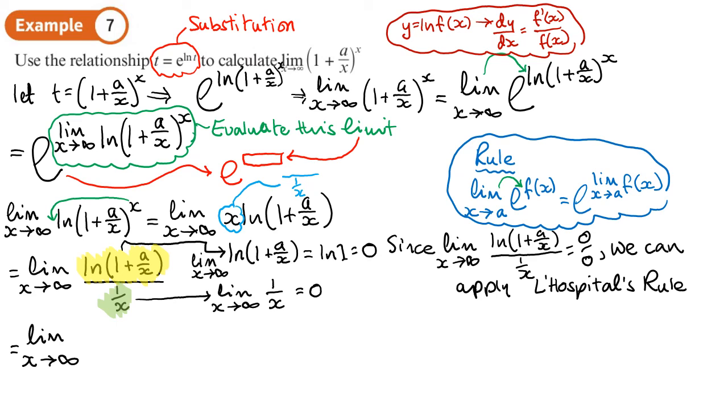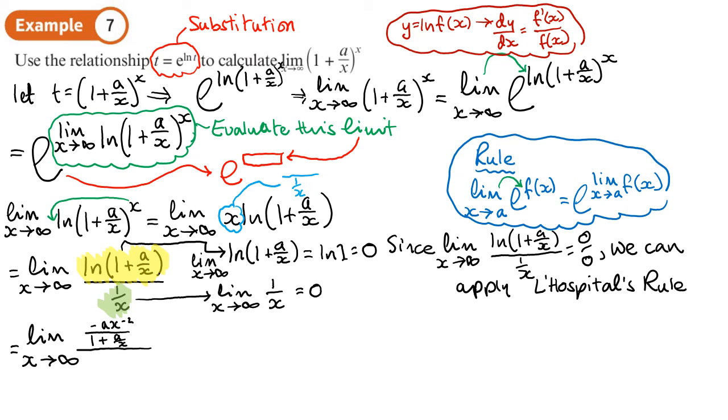Okay, so we'll use that to differentiate the top part. The top differentiated is going to be a fraction, so it's going to be something over 1 plus a over x, and if you differentiate 1 plus a over x, that just becomes negative ax to the minus 2, because a over x is like ax to the minus 1.